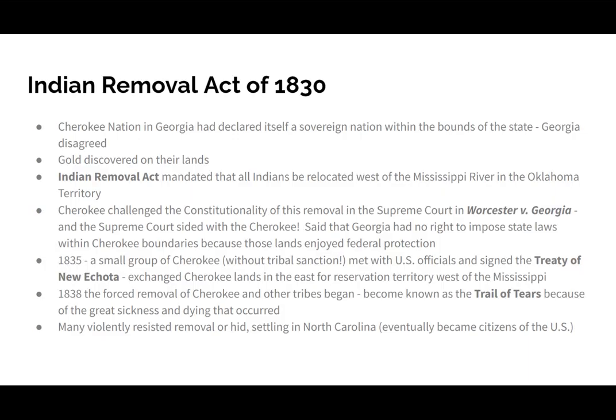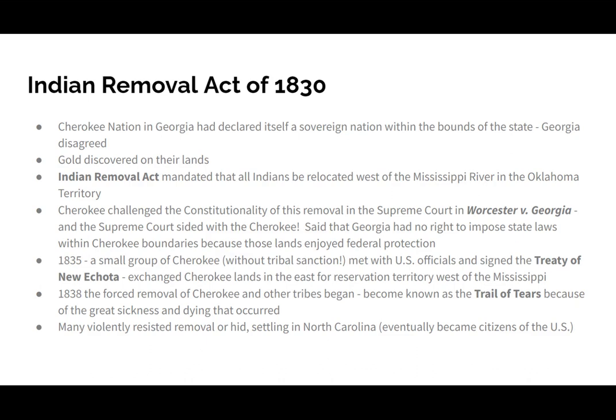So it wasn't that they recognized the Cherokee as their own nation. Rather, they said, no, this is federal protection. This is a federal issue versus a state's issue. But Jackson refused to support this. In this case, he's like, nah, man, states' rights all the way, because he wanted to keep farmers happy with him. So without that kind of support from the president, Worcester versus Georgia was very difficult to enforce.